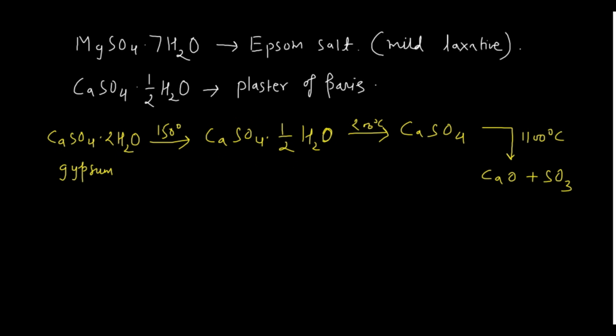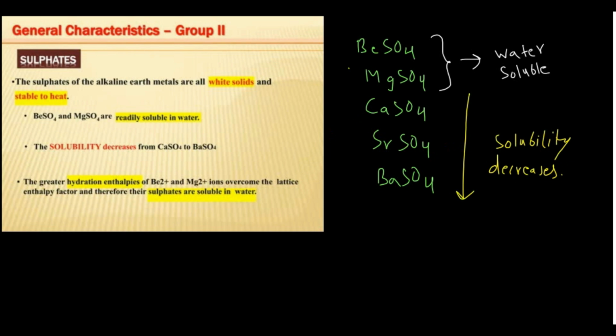And again the same thing: when you move down the group, thermal stability for the sulfates also increases. Please remember, as I have explained for the carbonates, in that case also thermal stability increases. So I can write stability or thermal stability, both are the same thing.